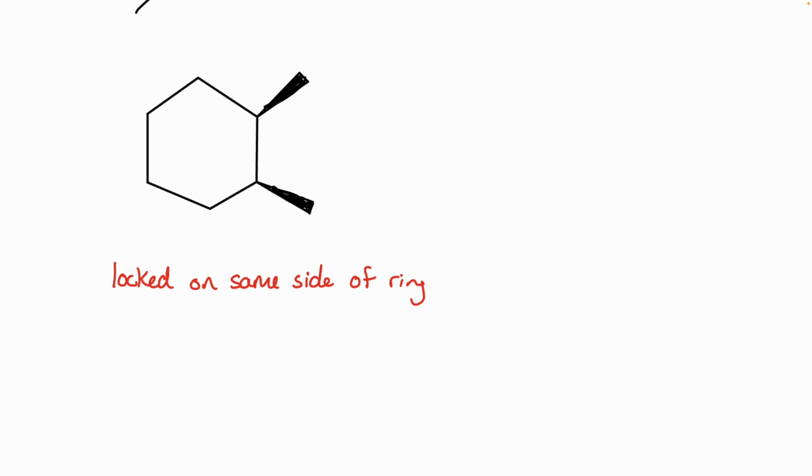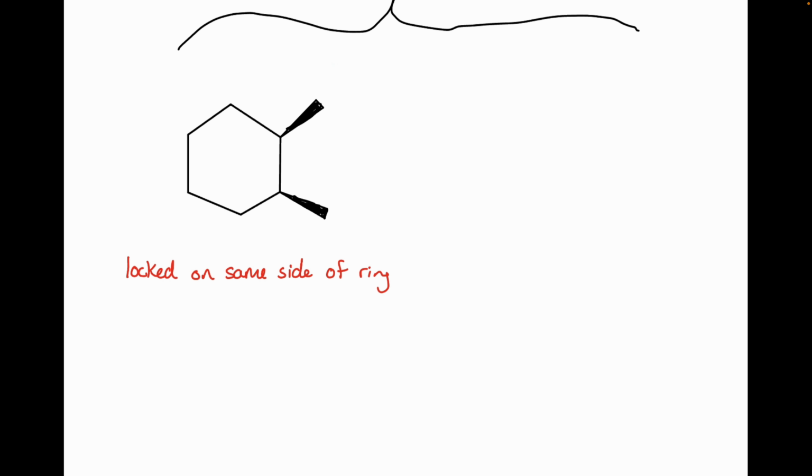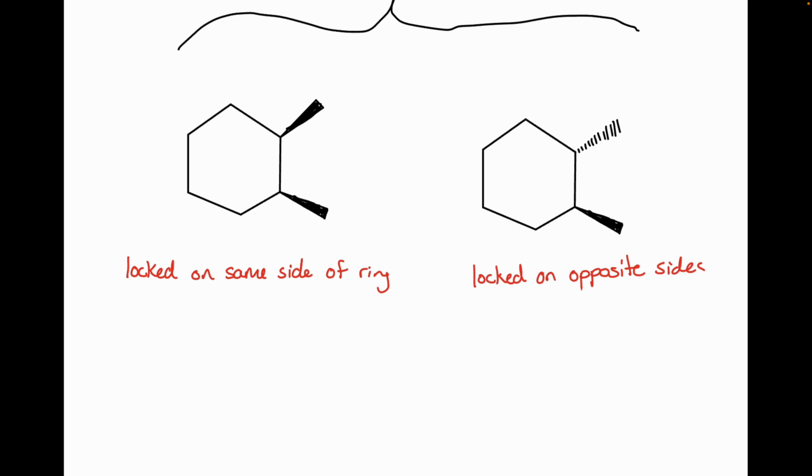And again, it can't possibly rotate so that one's on one side and one's on the other. All right, or if I was going to show that they were locked on different sides of the ring, I would draw one as a dashed bond and one as a wedged bond. So these are locked on opposite sides of the ring.